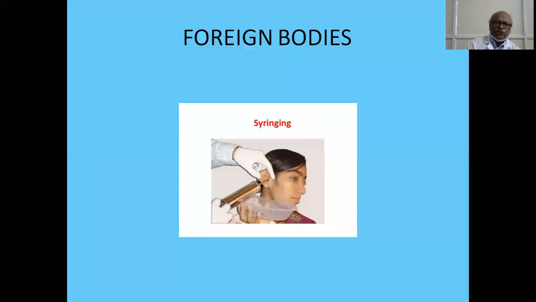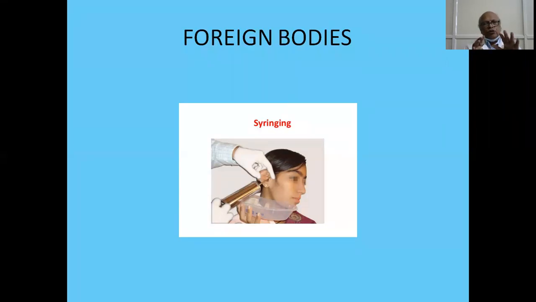How do you do syringing? Syringing always should be done by a sterile water. This is the ear syringe. The water should be lukewarm. The temperature should be the same as that of the blood.